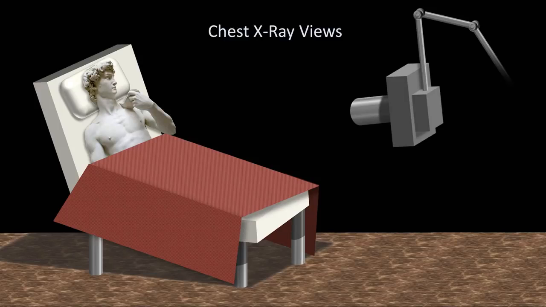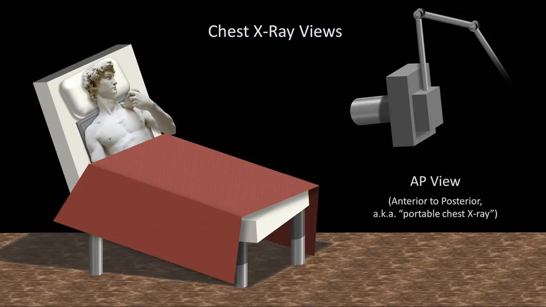An X-ray film will be placed into a metal tray and slid behind the patient's back, and the X-rays will be passed through the patient front to back. This is formally known as the AP view, though more commonly known as a portable chest X-ray. AP films are inferior in quality to PA films for a number of reasons, some of which will be discussed in Lesson 3 and some in Lesson 5.